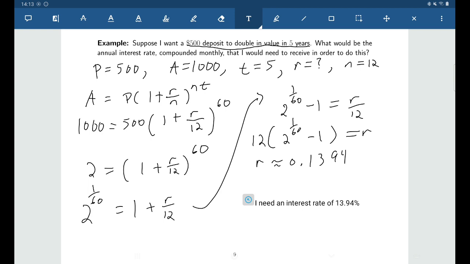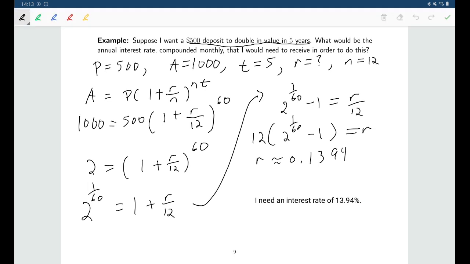Now, there is one moment here where we maybe should be a little bit critical of what we did, which is this. If we're thinking about this step here that we did when we took our root, hopefully somebody who's watching this video is thinking, well, if this was a square, we would have taken plus or minus the square root.